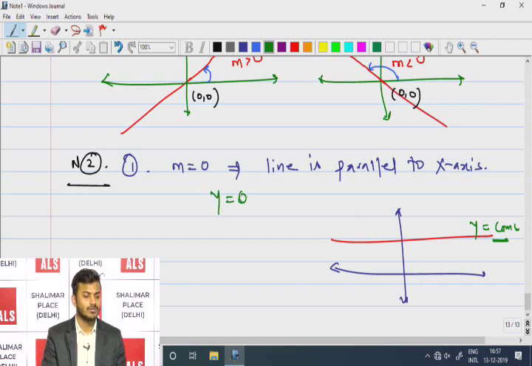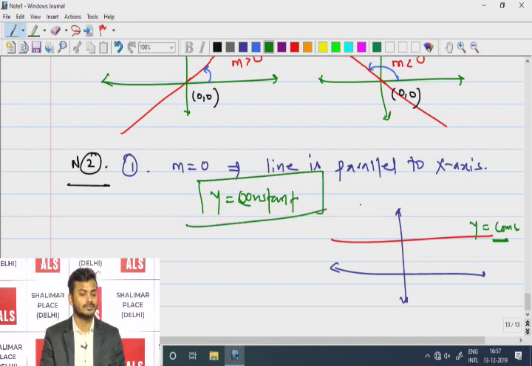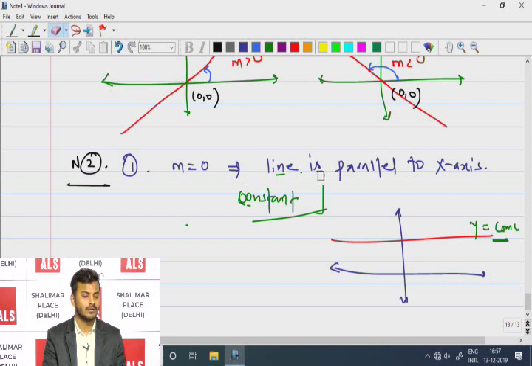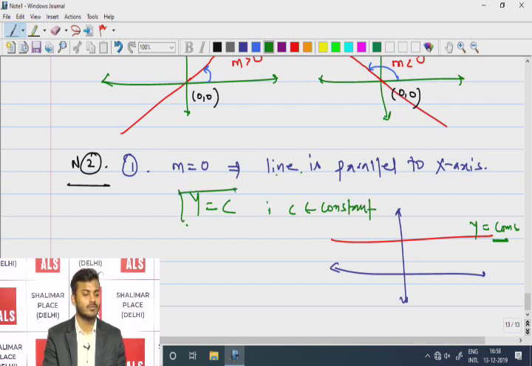You should not actually write y equals constant, not a good way. We should write y equals c, where c belongs to constants. That would be better. Okay, y equals c.